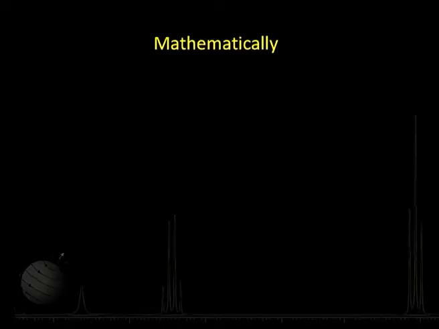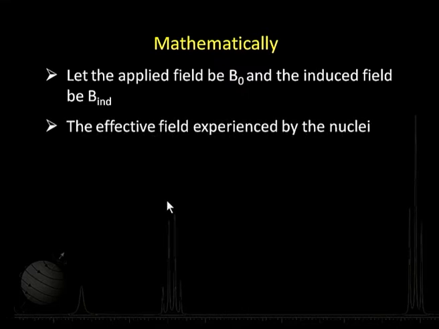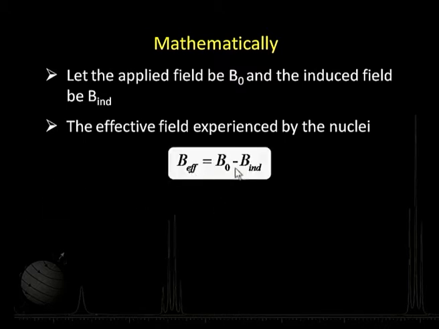Let us look at this whole thing mathematically. Let the applied field be B naught and the induced field be B induced. That's just an assumption. So, the effective field experienced by the nuclei will be given by the following expression: B effective is the applied field minus B induced, which is induced because of the circulation of electrons.